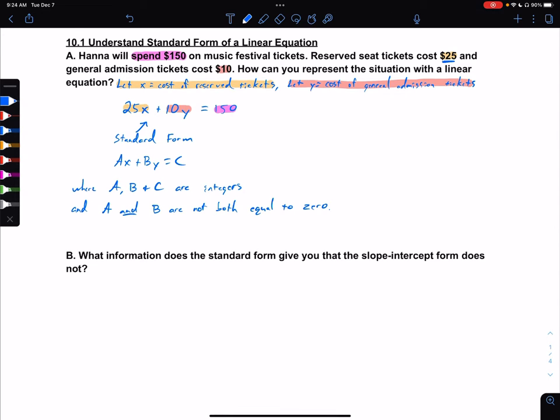So one of them can be equal to 0, but a and b cannot both be equal to 0 at the same time. And that's your standard form.